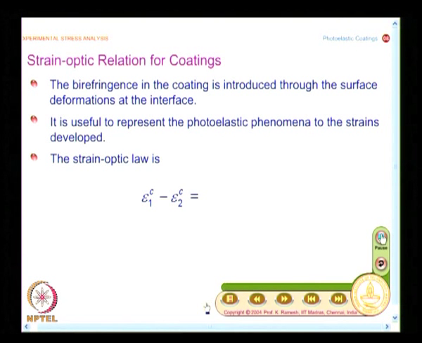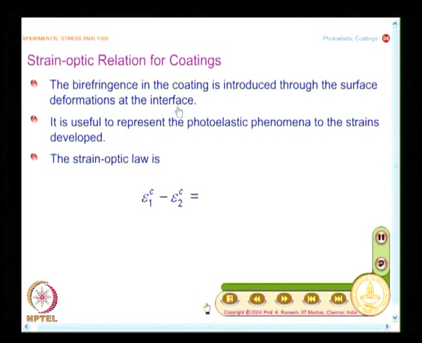So, what I have here is the birefringence in the coating is introduced through the surface deformations at the interface, because we said that the coating becomes temporarily birefringent when loaded. How does the loading come? It is introduced through the surface deformations at the interface.